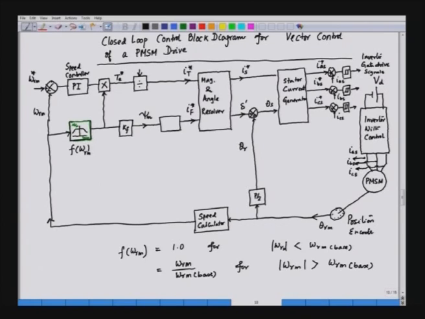I f is the flux component of current. So, we know the torque component I t from the speed controller, and we get the flux component from the functional block depending upon the speed, and then when we transform this into the polar coordinate I s and delta prime, we can find out the reference current for phase A, phase B and phase C.